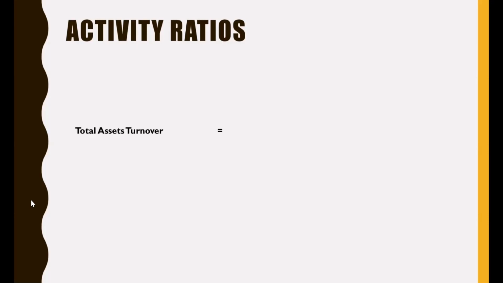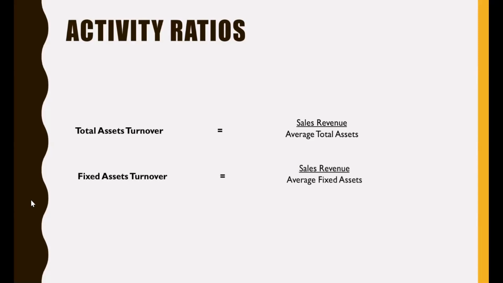Okay. It is computed by dividing sales revenue by average total assets, and fixed assets turnover, sales revenue divided by average fixed assets. Okay, so bakit kailangan i-average, no?